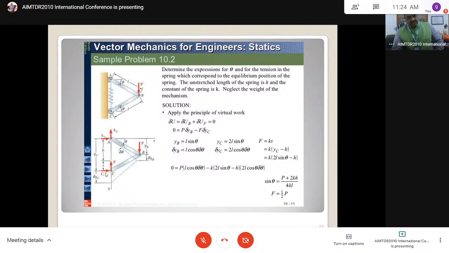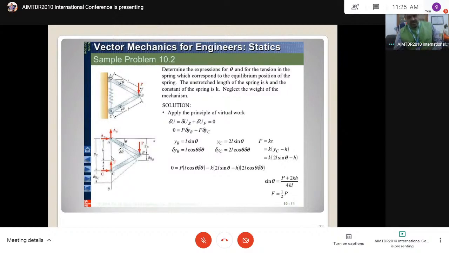That we are certain. F is a force. A_x, A_y are the forces at the joints. Now the external load is P. Here I am considering delta U is equal to delta U_B plus delta U_F.